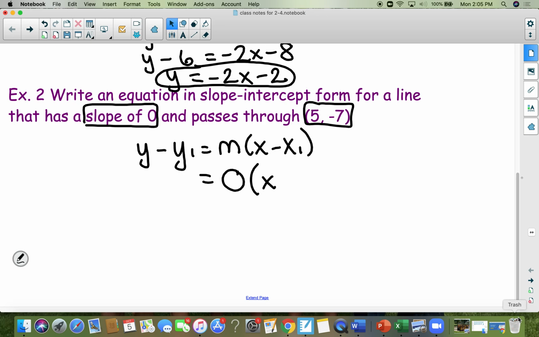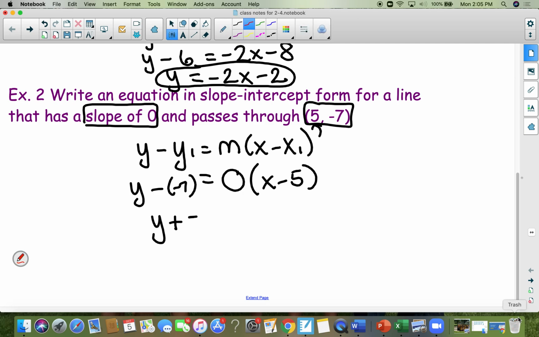In place of the x1, you're going to put a 5, so it's x minus 5. In place of the y1, you're going to put the negative of -7, which ends up being y plus 7 equals 0 times anything, which is 0. So y equals -7.